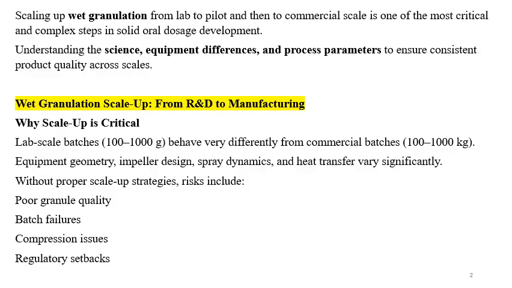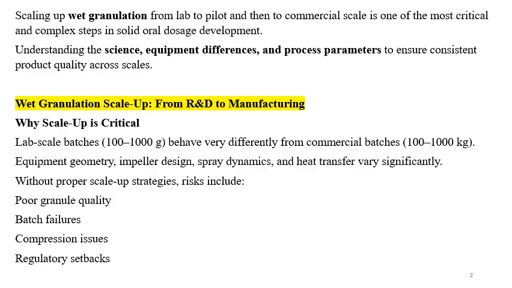So understanding the science, equipment differences, similarities, and process parameters becomes very important to ensure consistent product quality across different scales. So, wet granulation scale up from R&D to manufacturing and why it is critical.